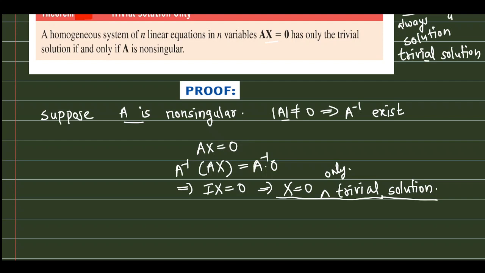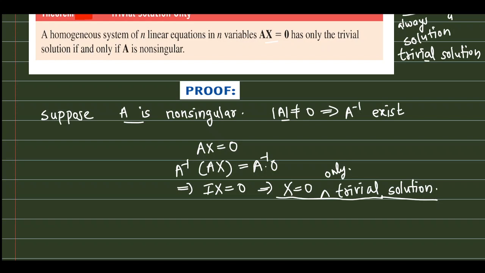From this theorem itself, it is evident that to get a non-trivial solution, we must have determinant of A equal to 0. If A is non-singular, there exists only the trivial solution, no other solution.